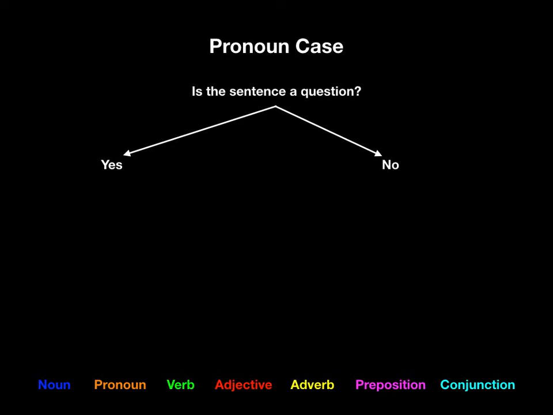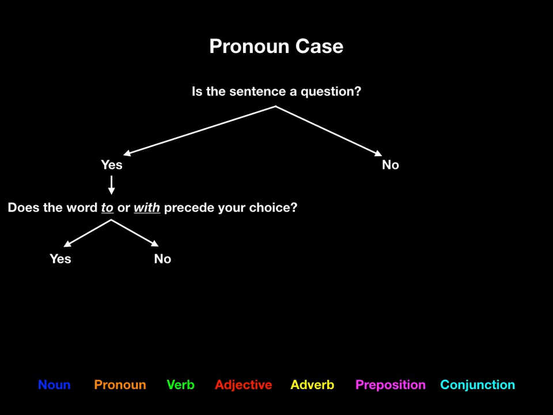If the sentence is a question, we then have to ask ourselves, does the word to or with precede our choice of pronoun case? Once we answer this question, we will be sent on two different paths. If to or with does precede our choice, we will use whom. If the word to or with does not precede our choice, we will use who.